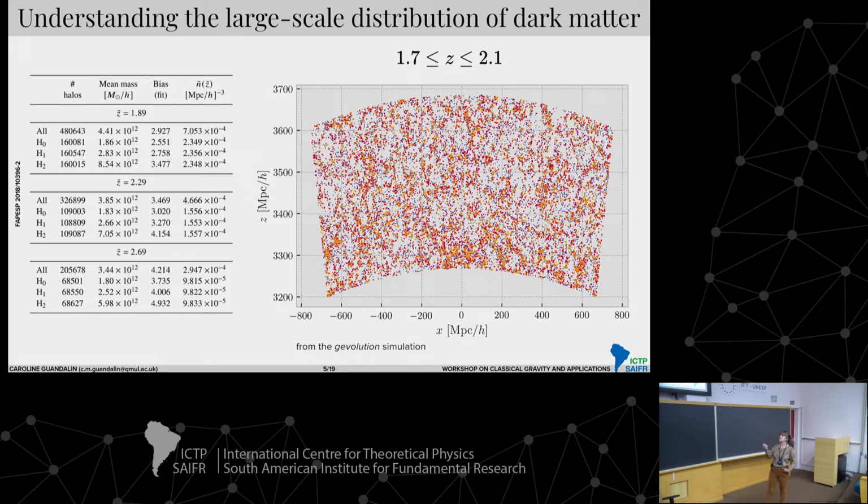And this is a tracer that I'm going to use in the first part of my talk. So in this simulation, we have a light cone. In the z direction here, this is the Cartesian coordinate, but you can associate this as if you were looking at redshift here. So different points here are at different redshifts inside the simulation. And this is just a slice through the y direction.